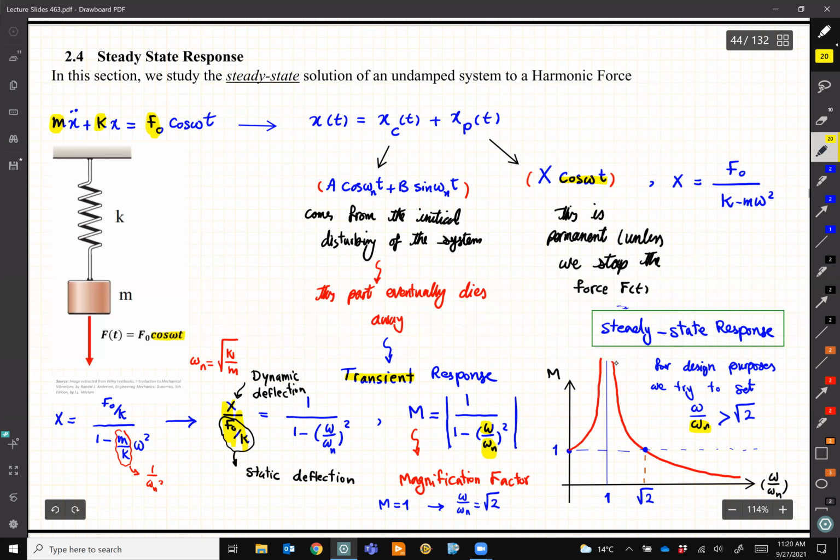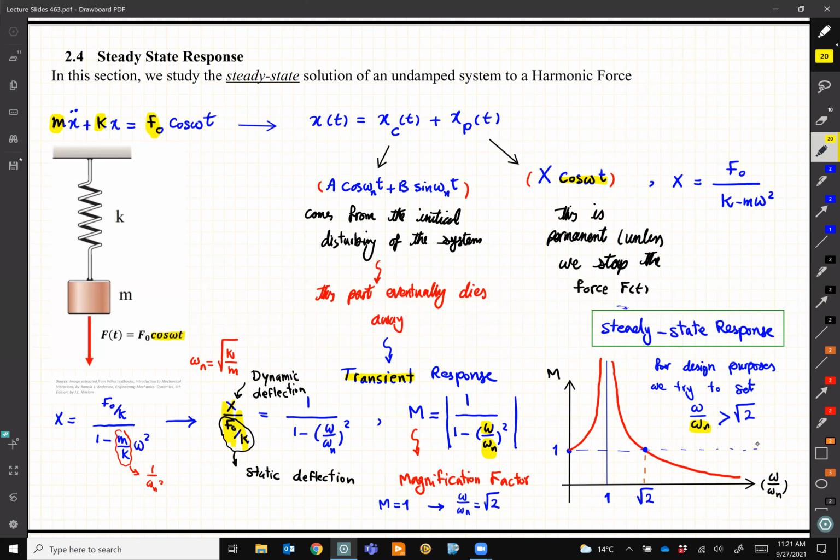Then simply adding a mass to the system, even depending on the system, a slight mass, or maybe adding a stiffness or reducing a stiffness can shift us from this 1. And even better, if you can be after a square root of 2, then it means less and less vibration. Okay, any question for this part?